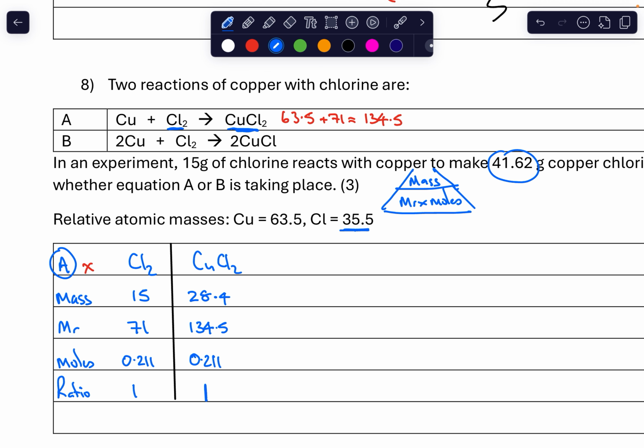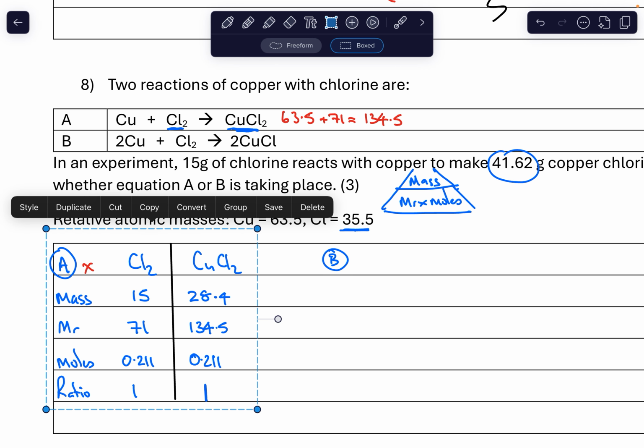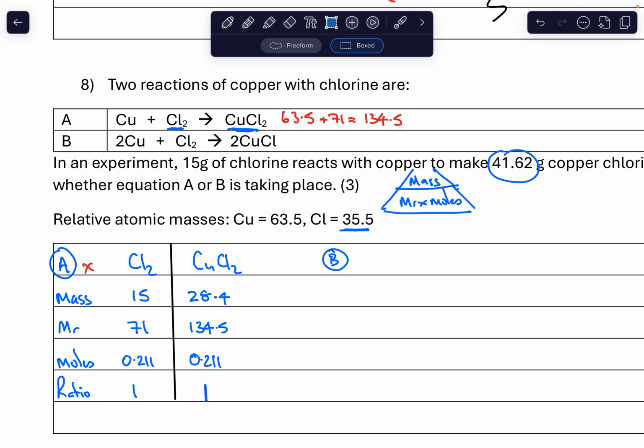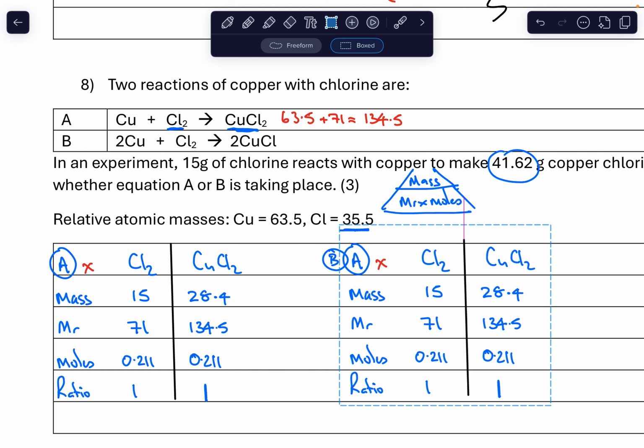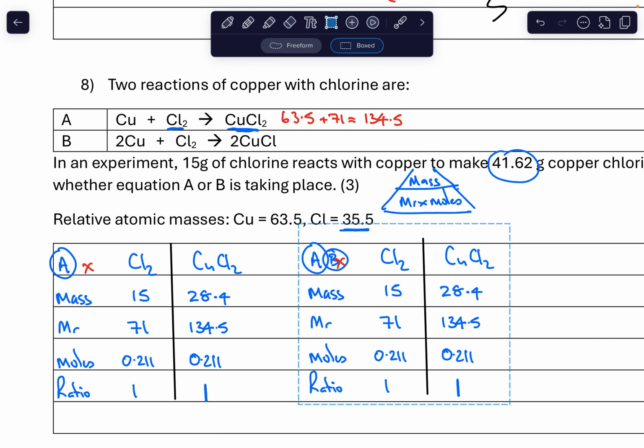So over here, let's do this for reaction B. And what I'm going to do, I'm going to cheat a little bit. I'm going to copy that, and then paste it over here. You can see exactly what it is we're going to do. Let's just tidy that top bit up there.